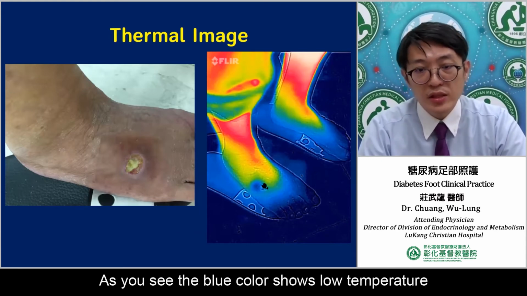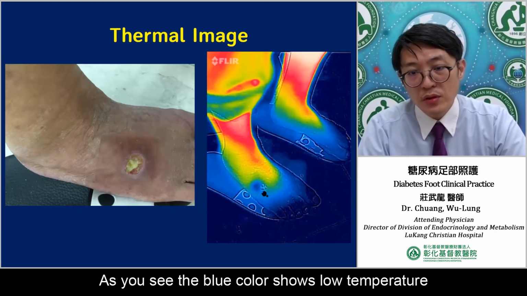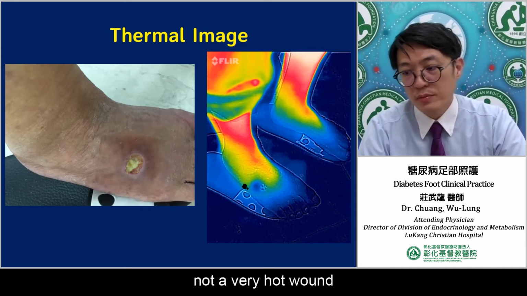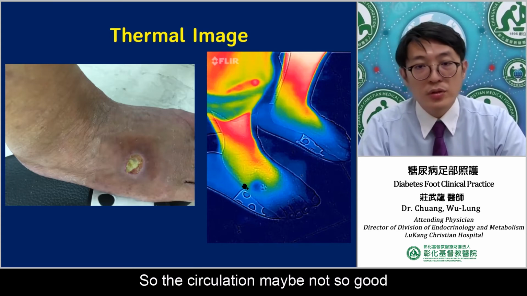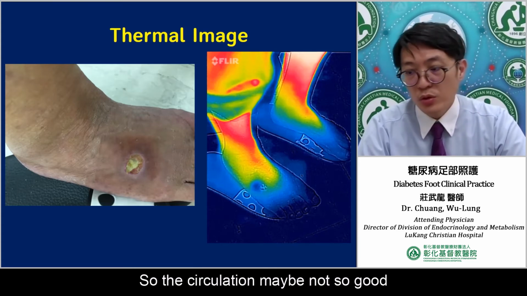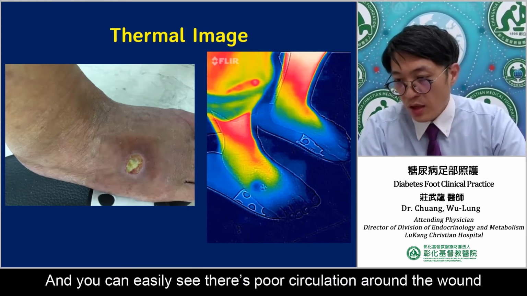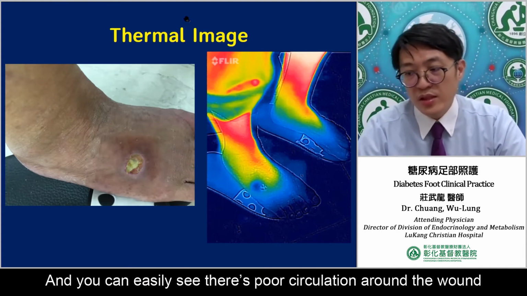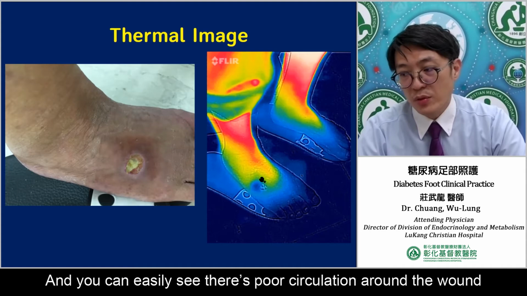As you see, the blue color shows cold temperature. This one is very cold. It's not a very hot wound, so the circulation may not be so good. And you can easily see there's poor circulation around the wound.